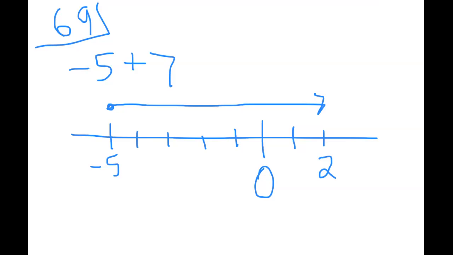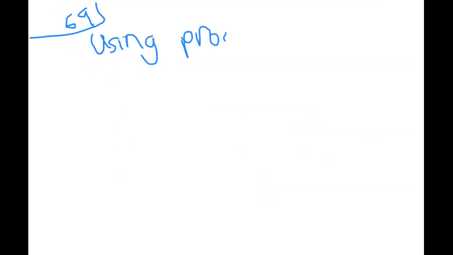And then if we're not going to use a number line, I go back here and we'll create another whiteboard. So we're just using procedures. Using procedures, we have two cases. Actually, let me go back one.